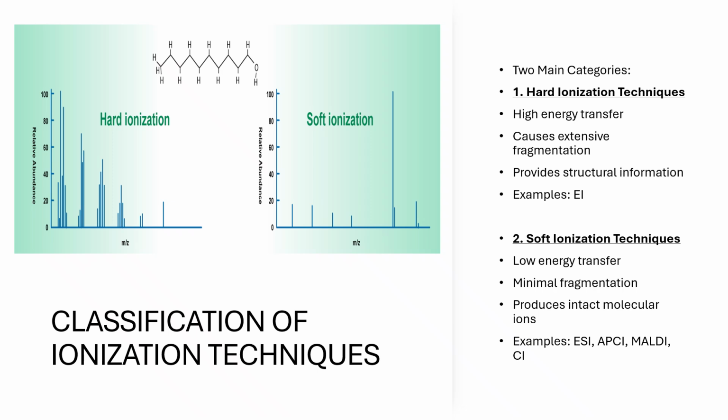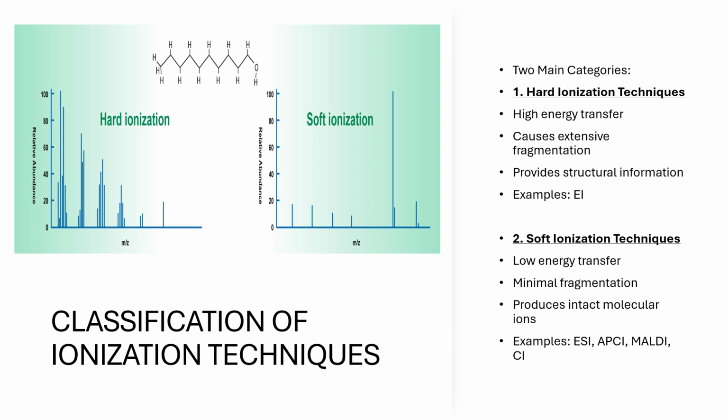On the other hand, soft ionization techniques are much gentler. They use low energy, so you get minimal fragmentation of your molecular ions. This is great when you want to know the molecular weight or when you're working with delicate molecules.